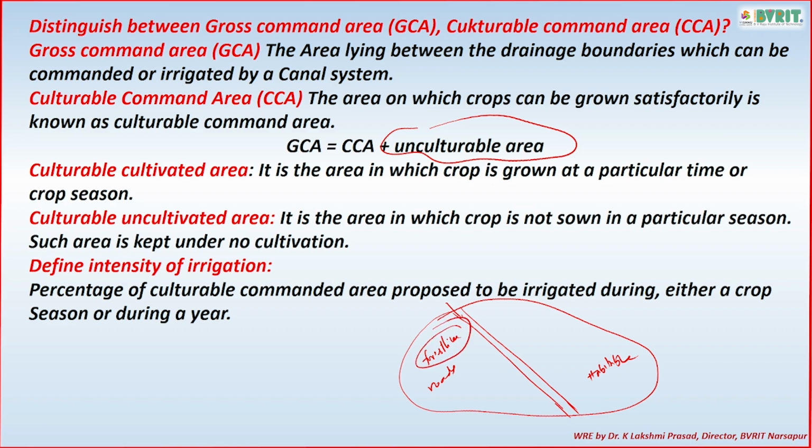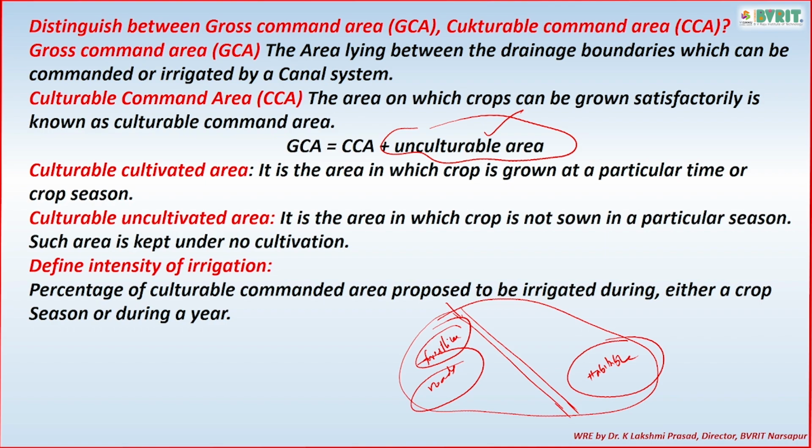Habitable areas mean buildings and so on, so naturally they do not come under the irrigation areas and cannot be considered. Culturable area is the total area minus the area you cannot cultivate. That is what we call the culturable command area.